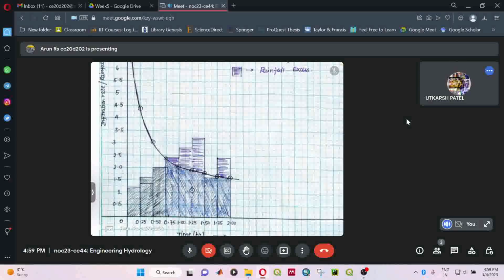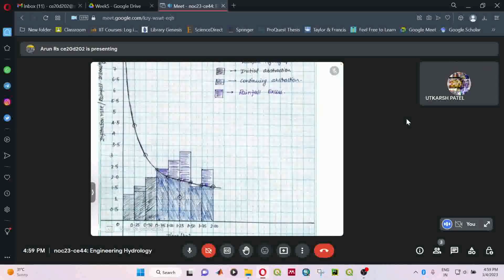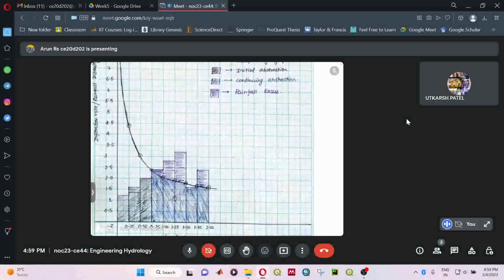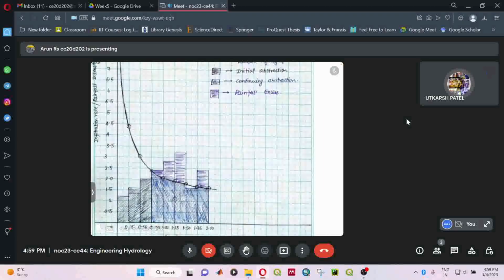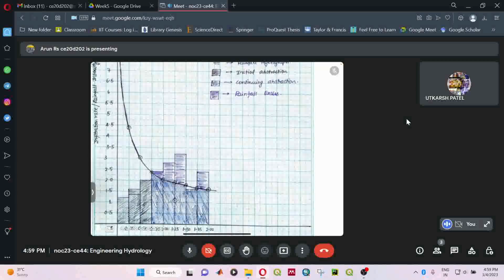So in this graph there are three things which you need to remember. Until the point where the infiltration rate cuts your rainfall hydrograph, whatever rainfall is happening is termed as initial abstraction. So that is your initial abstraction which is lost.